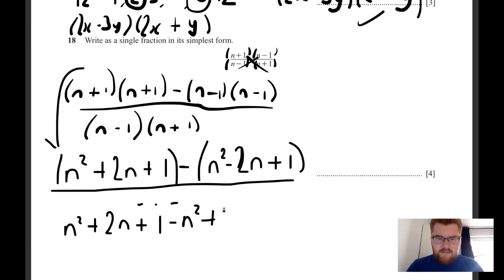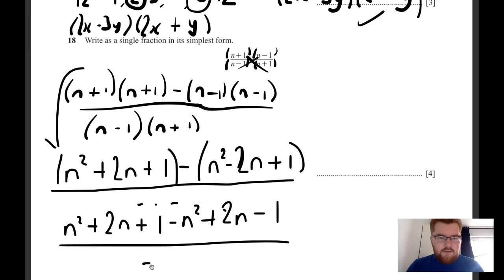That's important to remember. 2n, and then minus plus 1 is minus 1. Okay, and we get the same denominator at the bottom, we get the dot dot dot, as I'm going to call it. And now we look at the numerator and see what we can cancel.